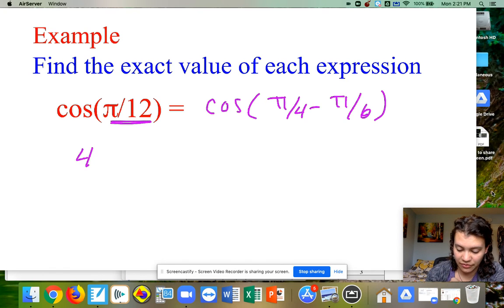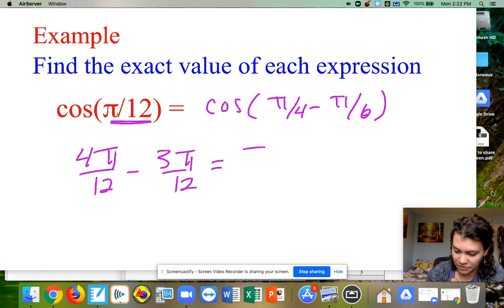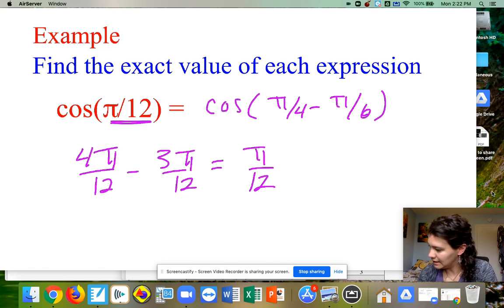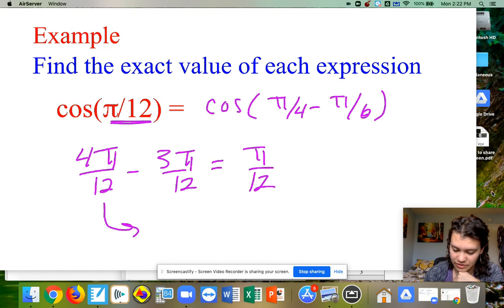So you could do 4 pi over 12 minus 3 pi over 12, and that would give you 1 pi over 12 left. Did I do that right? So then this one would simplify to pi over 3 minus pi over 4.